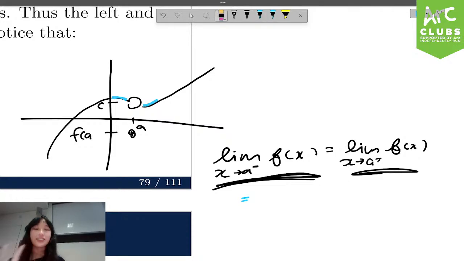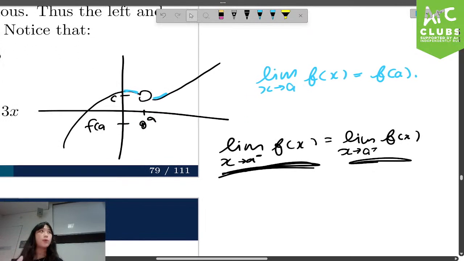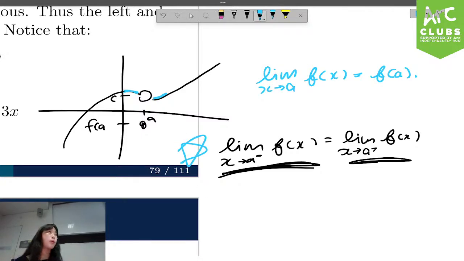Sorry, not that it is continuous, but that it has a limit at that point. So continuity, if you remember, is defined as this. This is the definition of continuity, yeah? One prerequisite of continuity is that the limit has to exist at that point, and for the limit to exist, we have to satisfy this property.